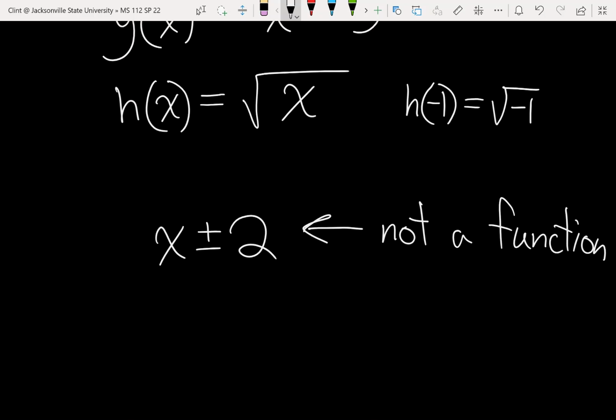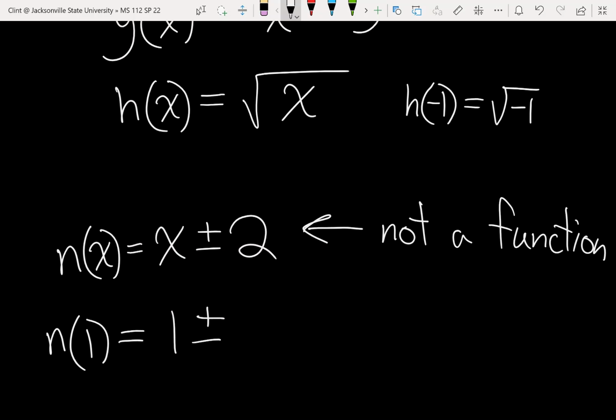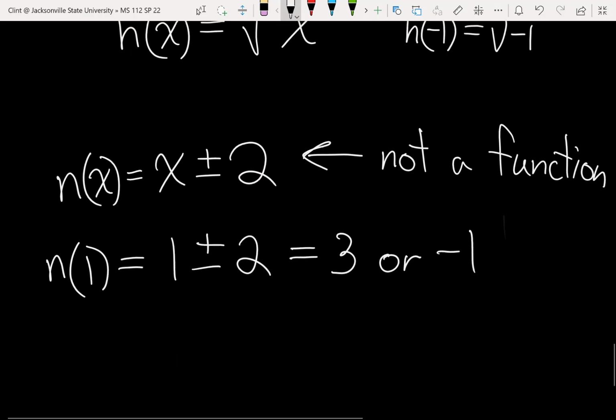So let's give it a name, I guess. I'm going to call it n of x because it's not a function. And so like if we try to do n of 1, we'll get 1 plus or minus 2. So if we use the plus sign, we'll get 3. If we use the minus sign, we'll get -1.